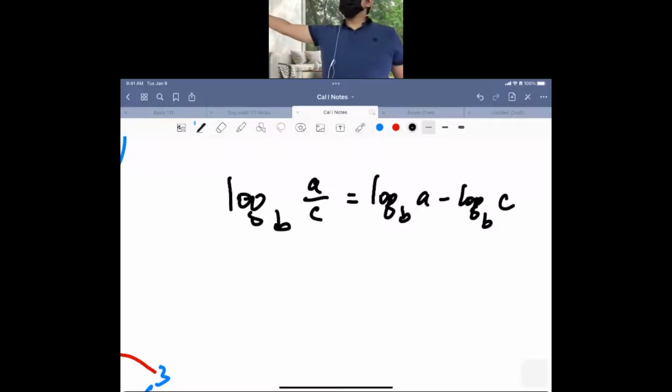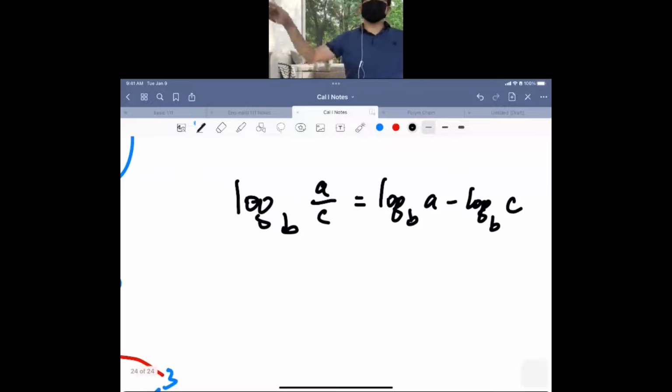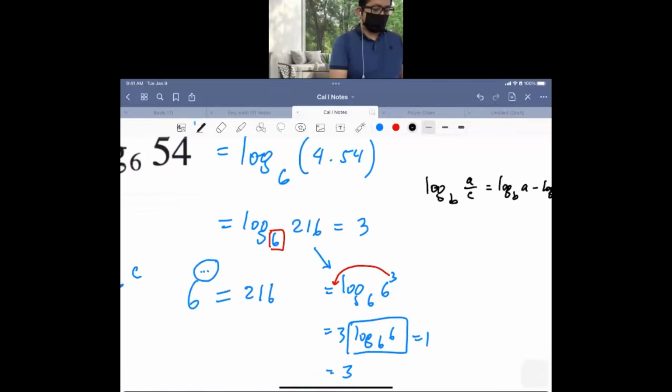Because of this property of the log, we can use it in many ways. Later on in our calculus section, there will be several calculus methods that can be solved through this property, either the multiplication or the quotient, the dividing. Okay, that's the log.